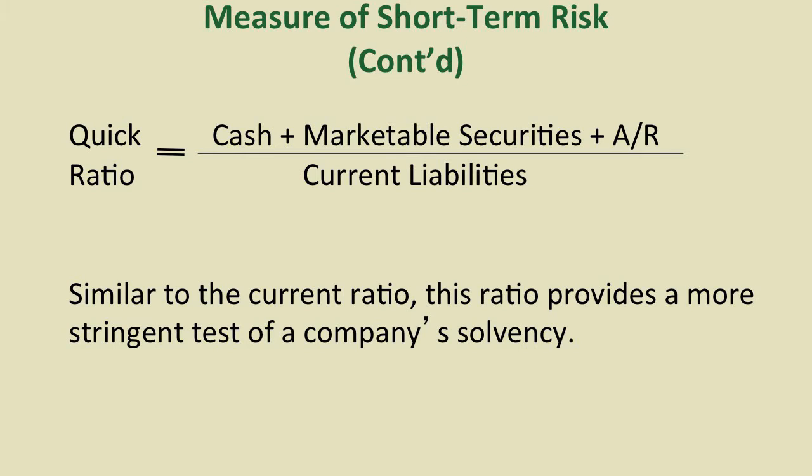So when we calculate quick assets, we kick out inventory, we kick out prepaid expenses, because we don't think these two items are as liquid as the rest of those three items. So numerically speaking, we can see that quick ratio is going to be smaller than the current ratio. So we always think that quick ratio is a more conservative test of the short-term risk. This ratio provides a more stringent test of a company's solvency. Sometimes people call it an asset test.